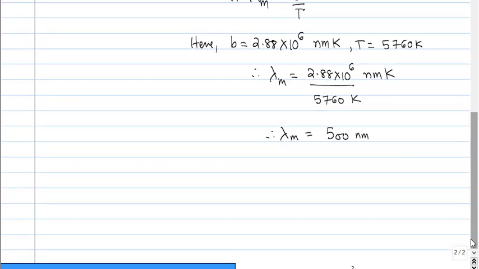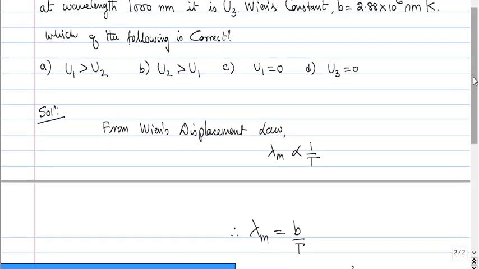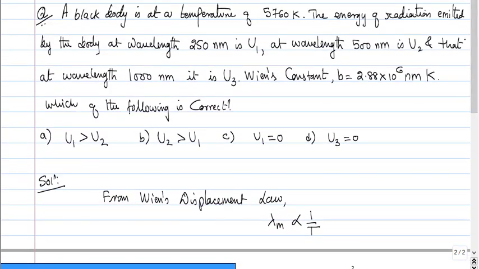Now if we try to plot the spectral energy distribution curve, I am plotting it here. It is something like this. Here we have wavelength and here we have the spectral energy. In our case it says the energy of radiation emitted at 250 nm is U1.